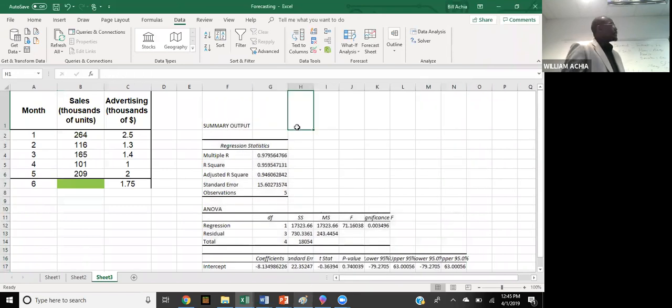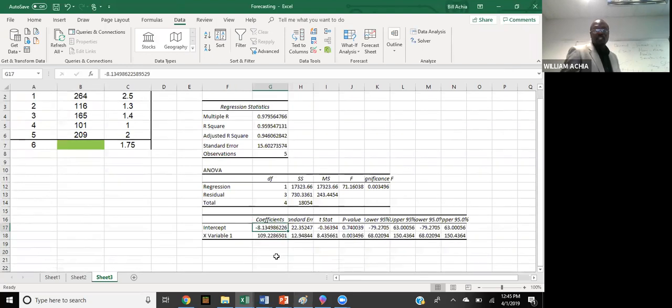Okay, and there's quite a bit of information here that is of value to me. Let's first of all finish with this and try and put together our linear regression equation. Okay, so A here is the y-intercept, and if you go to the bottom of your output data, your y-intercept here is negative 8.13, right?